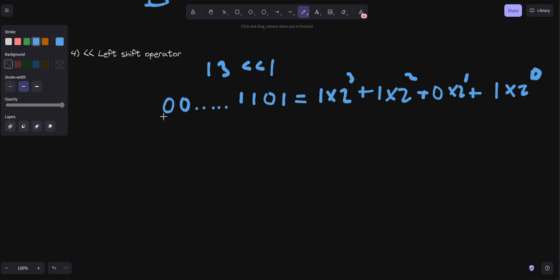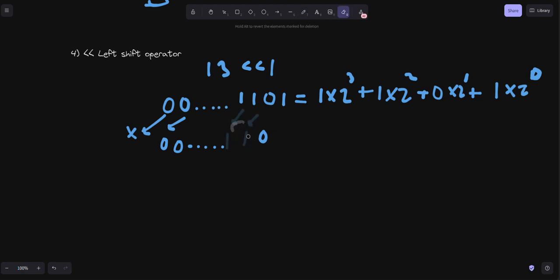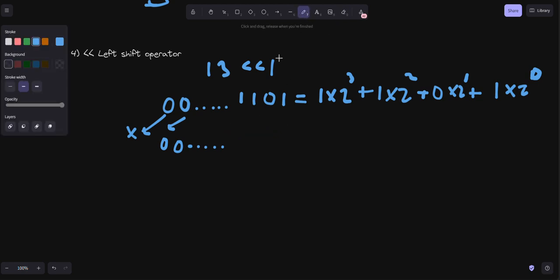Now if you're left shifting the value by 1, the leftmost bit gets discarded, and the bits move one place to the left, and we get 0 here at the end.